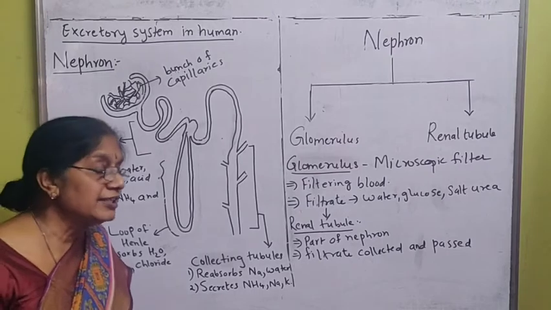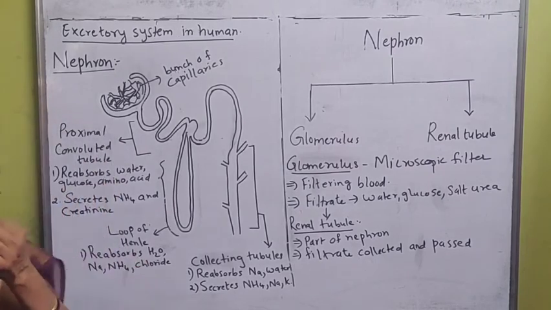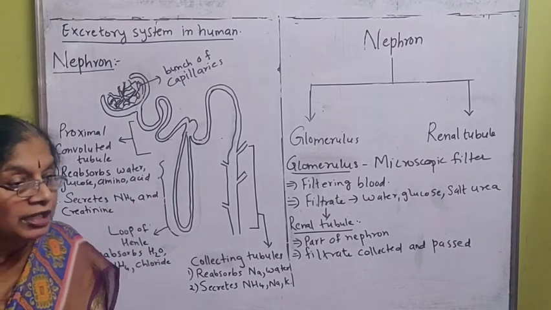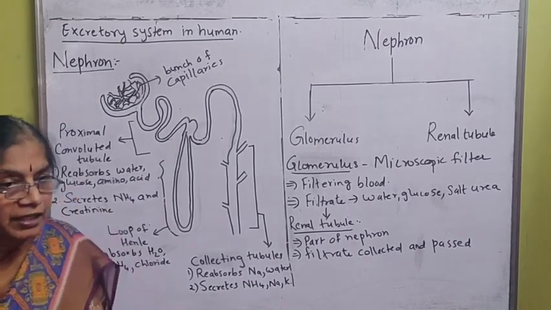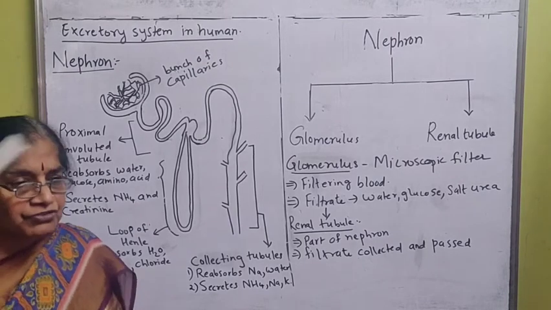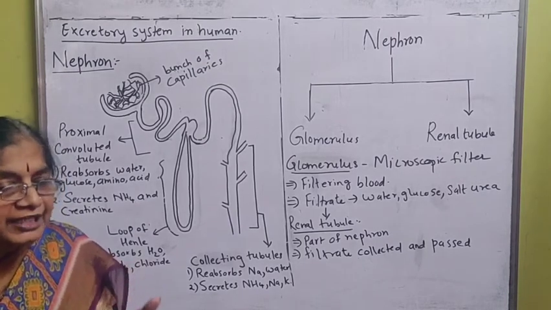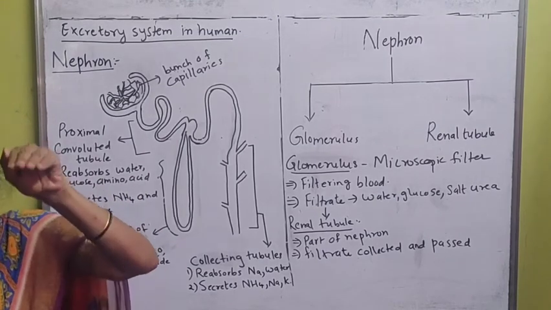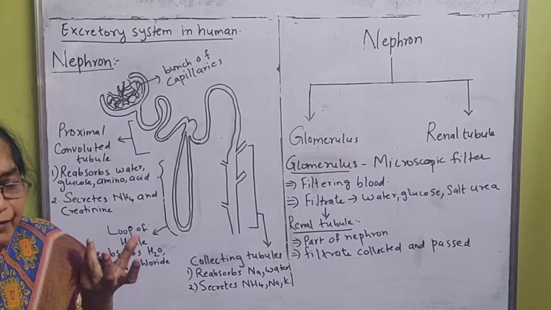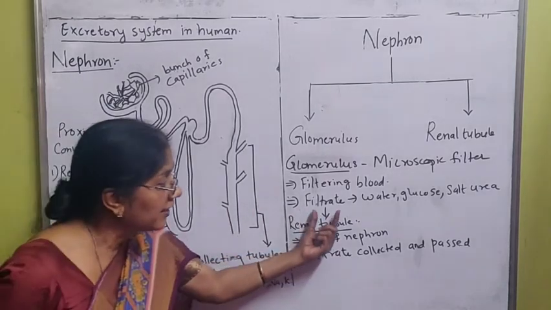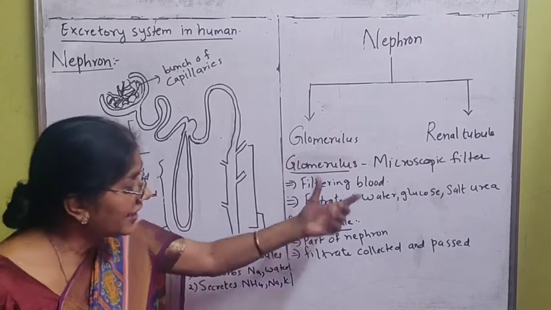And when it filters, for example, if we take coffee, you boil the water, add the coffee powder, and keep it for some time, and then you take a strainer to strain it. What will happen? Only the liquid part will fall down, and the coffee particles will stay up. The liquid part which has fallen down is called the filtrate. So whatever is needed is filtered.